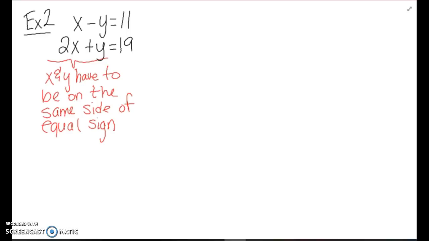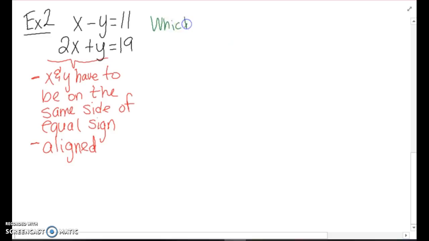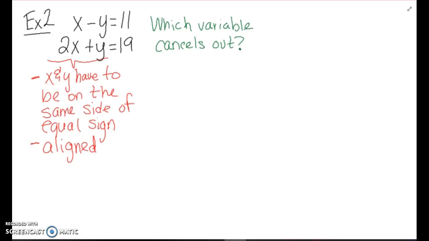And notice that they are aligned. So they have to be on the same side and they have to be aligned, one above the other. If we look at this example, which variable cancels out? So make sure you're writing this down. Which variable cancels out? We have 2x and 2x, and then we got a negative y and a positive y. That's going to cancel out if I add my equations.